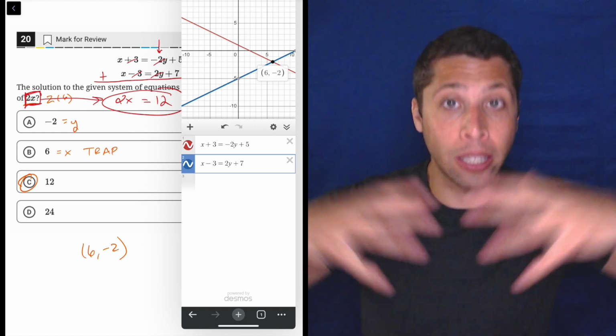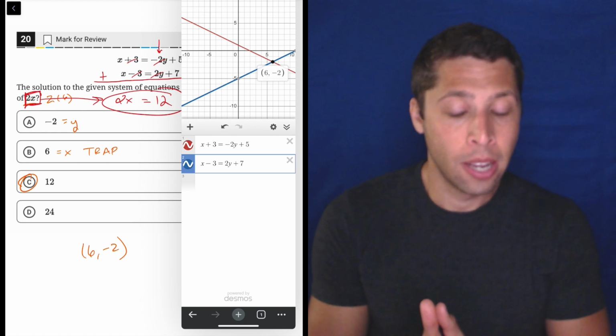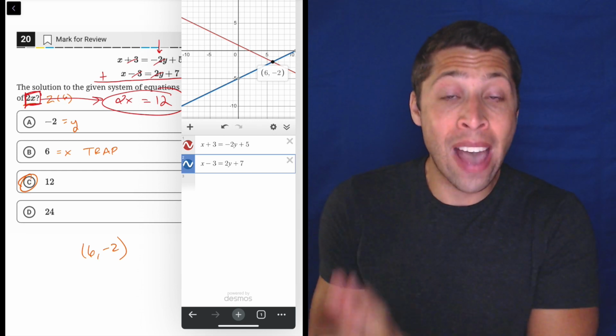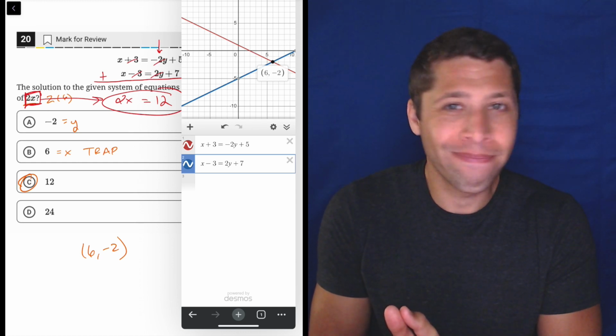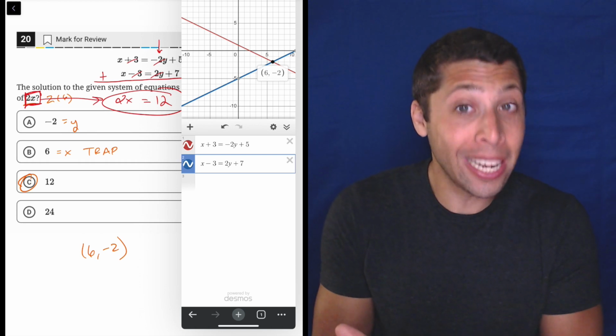So that's why I don't think either of these is better. If you think of it in the grand scheme of the SAT, neither solution here is better. Yes, adding the two equations using elimination is faster in this case, but the odds of that working every time are pretty low. And Desmos working every time, pretty high.